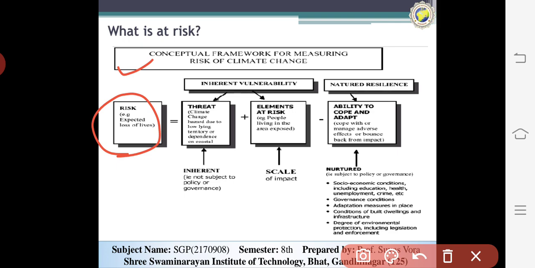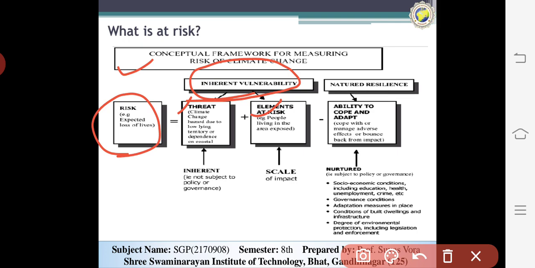So risk depends on two main parts: the threat and the elements at risk. This one is called the inherent vulnerability.